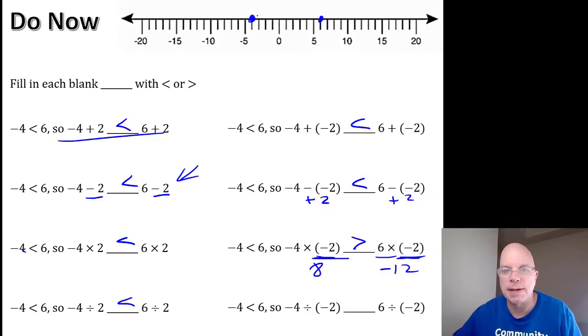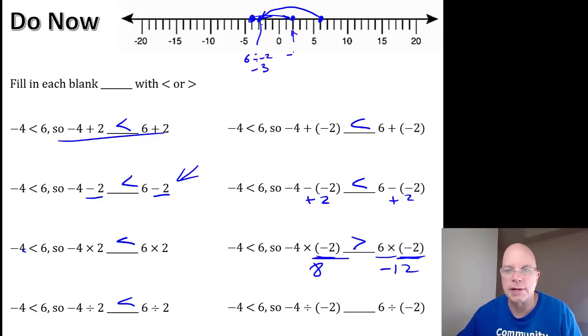Now if you divide by negative 2, negative 4 divided by negative 2 is positive 2, so it ends up here. 6 divided by negative 2 is negative 3, so it ends up right here. And again, they cross over. This is 6 divided by negative 2, negative 3.